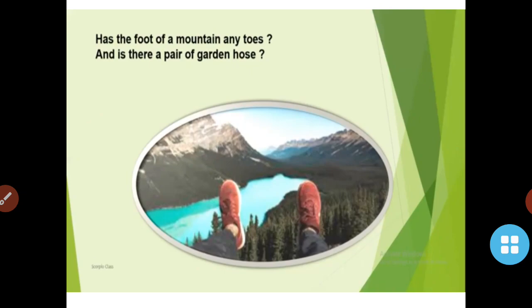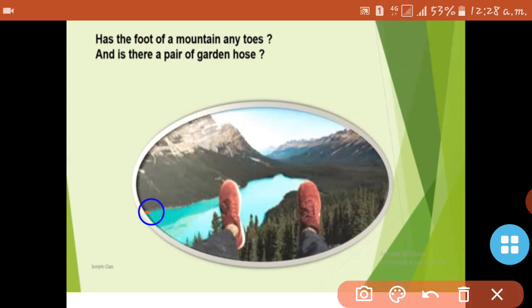So what is the mountain toes? The down part, the down area of the mountain. So we can say this full area of the mountain is called mountain toes, right?